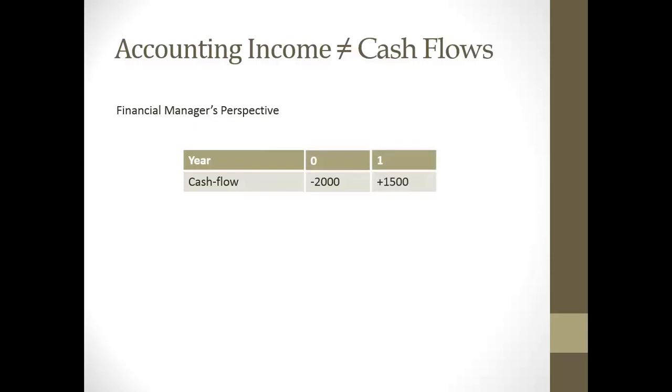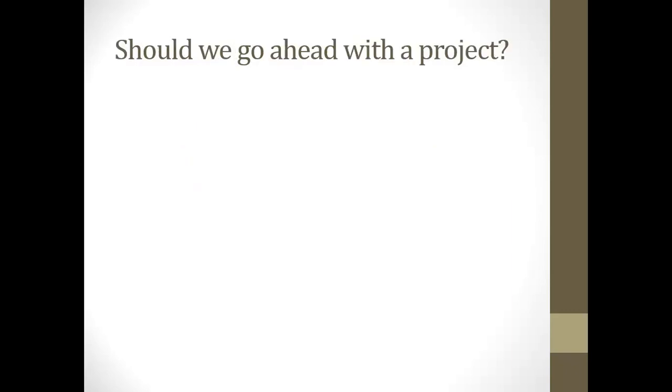The year 1 cash flow is 1,500, and the year 2 cash flow is 500. We take the net present value of these cash flows at 10% and find the net present value is minus 223.14. So whereas the accounting numbers tell us to not reject the project, the cash flows from our financial perspective tell us to reject the project outright.